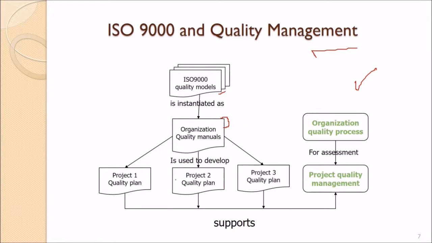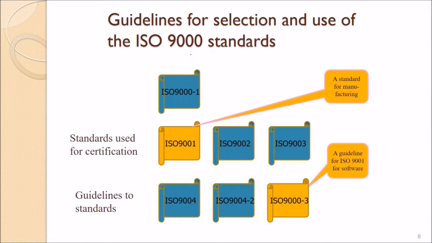And this is to develop certain, you may have a number of projects. So project 1 quality plan, project 2 quality plan, project 3 quality plan, and it supports the project quality management. And for assessment, of course, organization quality process for assessment of project quality management. These are the guidelines for selection and use of the ISO 9000 family of standards.